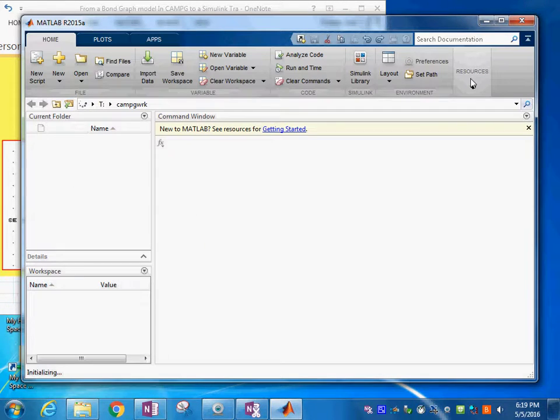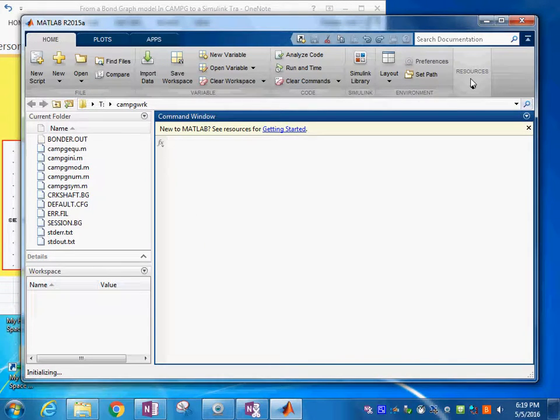There we go. It made us wait a little, but it's coming up. So CAMG and MATLAB have negotiated an interface where you have the bond graph model described in MATLAB in a couple of files that are appropriate for Simulink, and it will give us the transfer function, and also the state space form in Simulink.